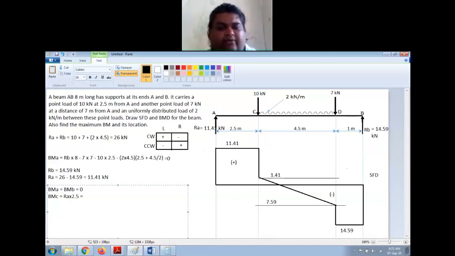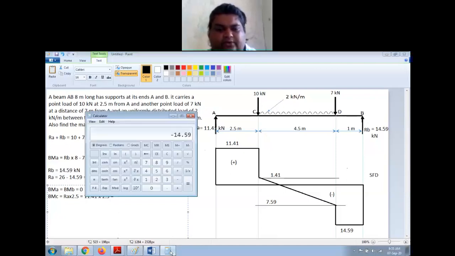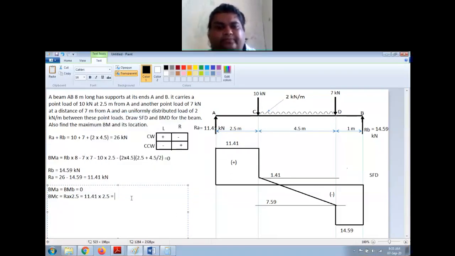Now RA I have already calculated as 11.41 into 2.5. What is this? 11.41 into 2.5. So it is 28.525 kilonewton meter. So that is the bending moment at point C.